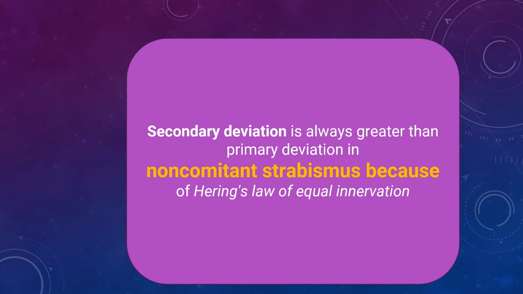And this is seen in case of non-concomitant strabismus, and this happens because of Hering's law of equal innervation. Now here I have a question for you. What will be the relation between the primary and secondary deviation in case of a concomitant strabismus? Okay, so answer that question in the comment section.